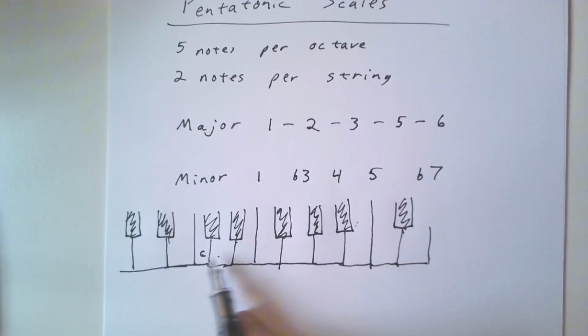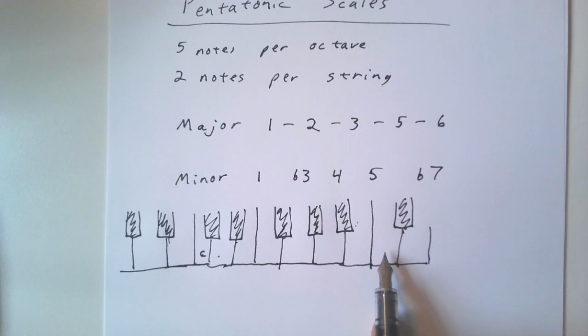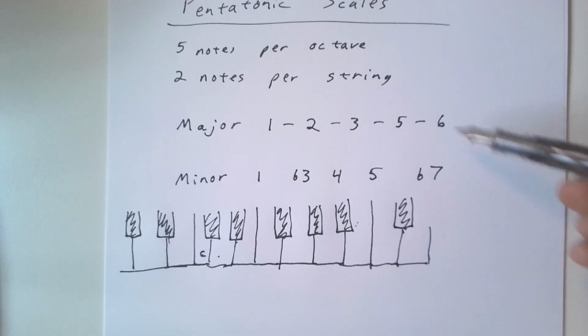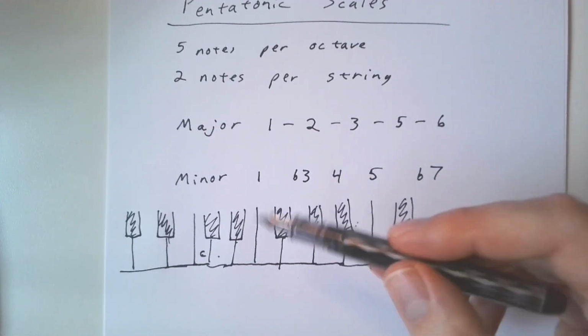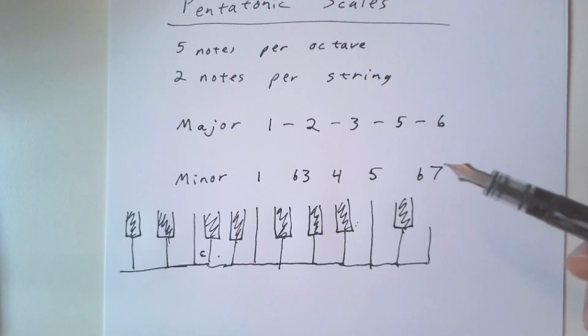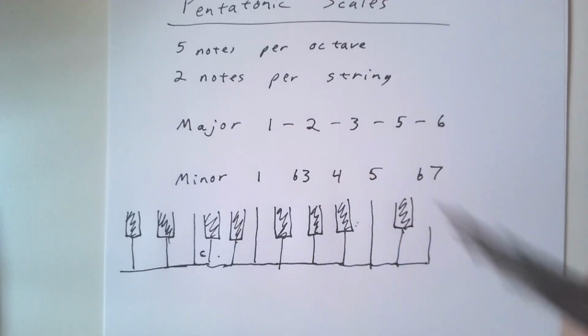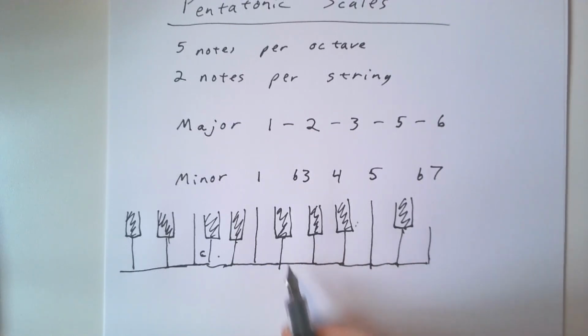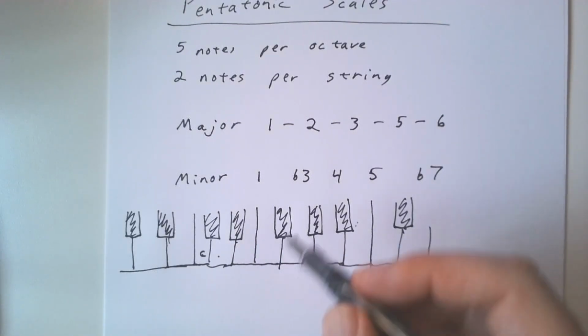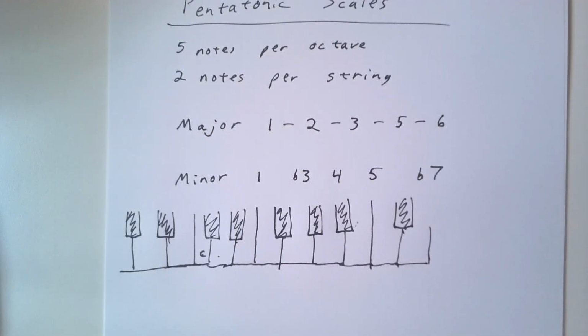It maps to the white keys on a piano. Guess what? The pentatonic scales map to the black keys on a piano. You'll notice that there are 5 black keys per octave on the piano.